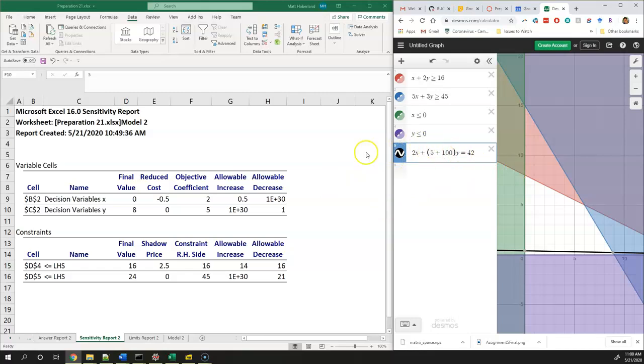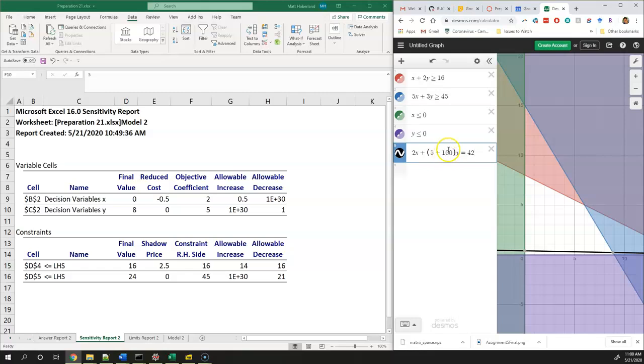Before, when we were modifying the first coefficient, it turns out that the value of x was 0 at the optimal solution. So we had the same objective function value regardless of how we changed this coefficient. This coefficient, 0.8, is still the optimal solution point, but we have a different value of the objective function.